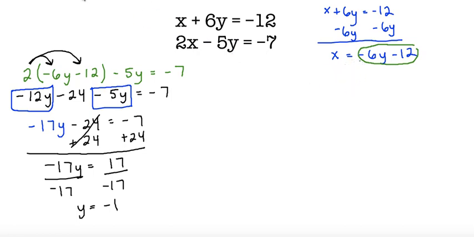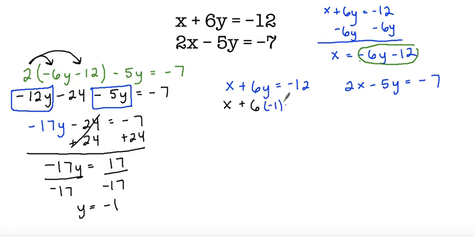So we're going to rewrite both of our equations. So we're going to solve for x. So x plus 6 times negative 1 is equal to negative 12.